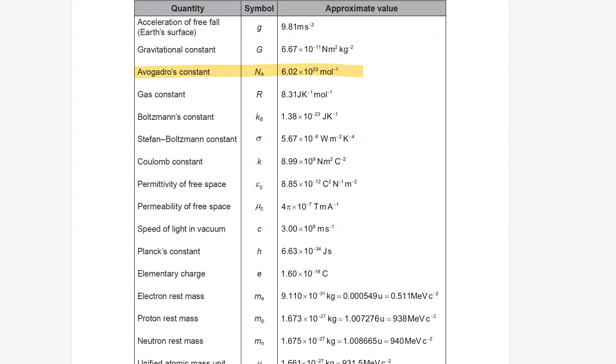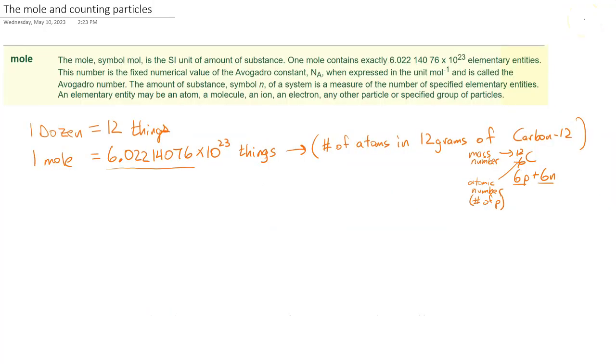Now, if we just use 3 significant digits of precision, it'll look something like this. This number is known as Avogadro's number. Usually the symbol is capital N with a little subscript A. 6.02 times 10 to the 23.